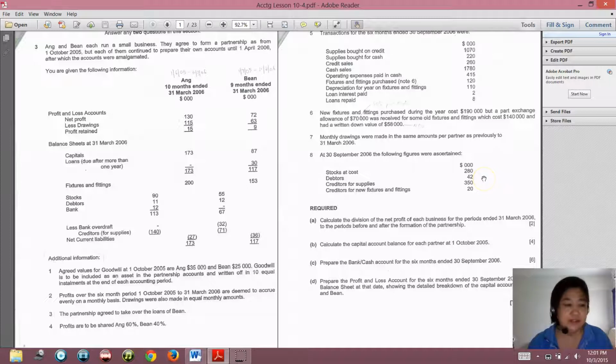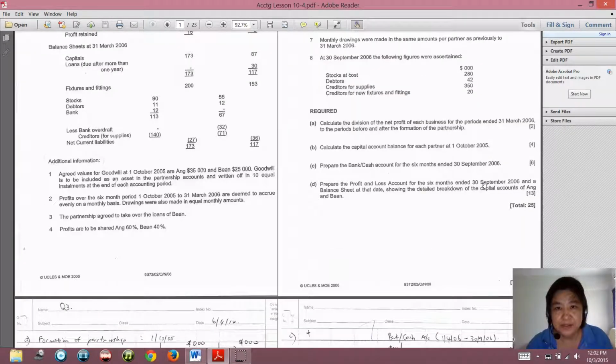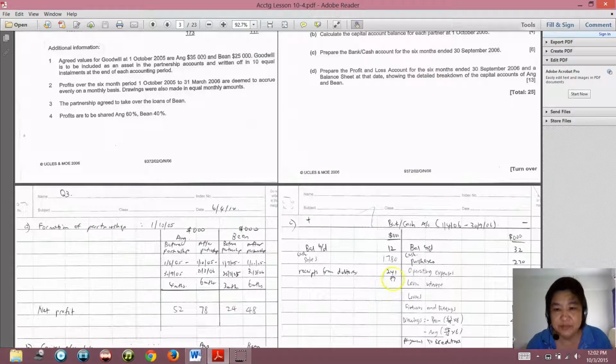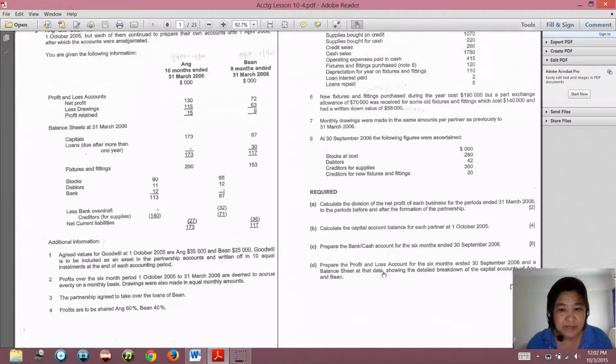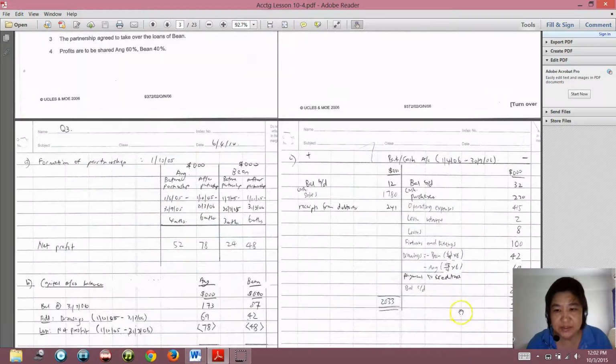That means the difference, 241, is actually the receipt that you received from the debtors during the period. So it's 241.